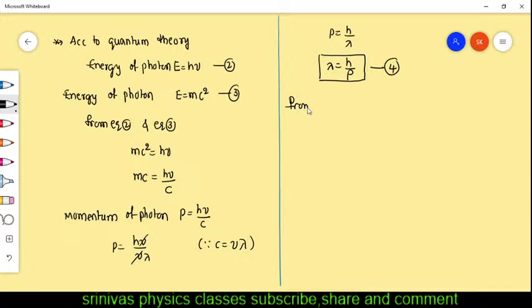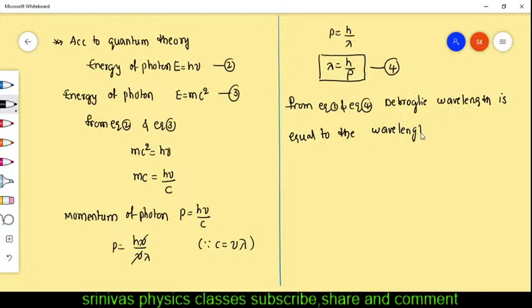From equation 1 and equation 4, the de Broglie wavelength or the matter wavelength is equal to the wavelength associated with the photon, the wavelength of radiation or the photon.